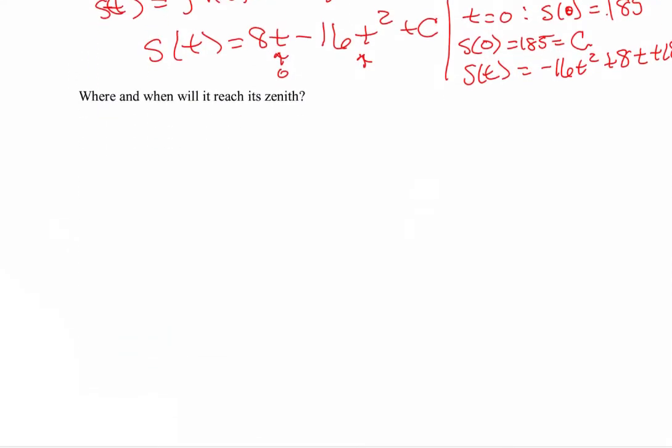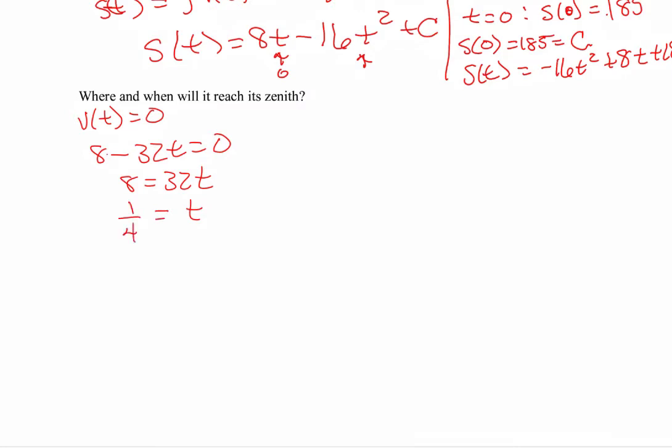So now we know that the peak is when the velocity equals 0. So when is 8 minus 32t equal to 0? So that's when 8 equals 32t. So t equals 1/4.